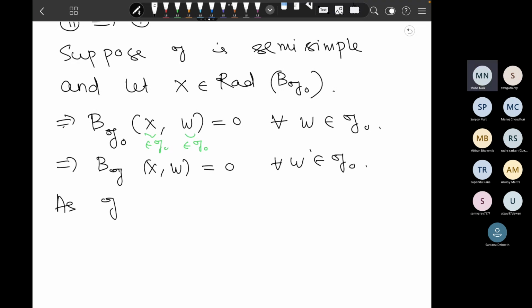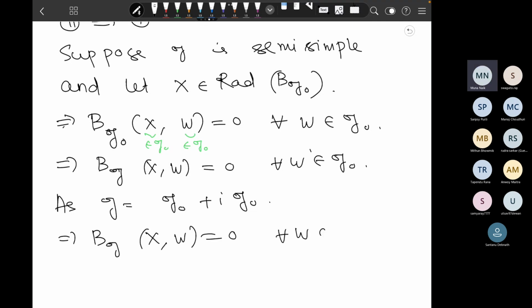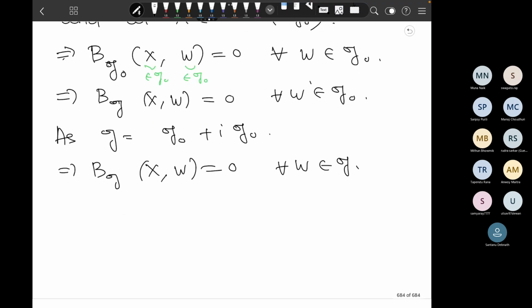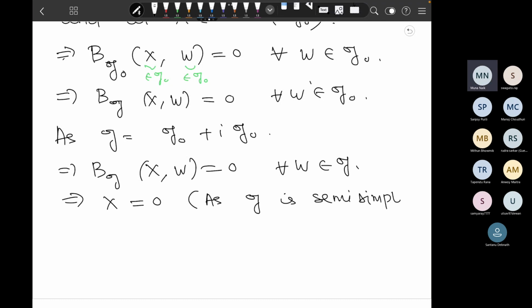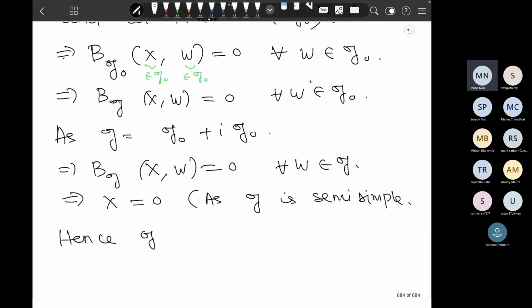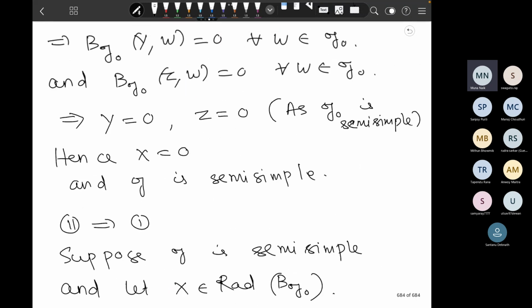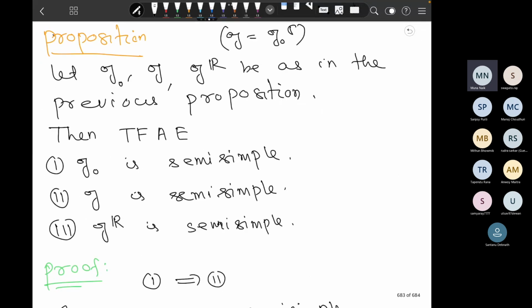So as G is equal to G naught plus I G naught, this implies that BG XW is equal to 0 for all W belonging to G. So this implies X is equal to 0 as G is semi-simple. Hence G naught is semi-simple.